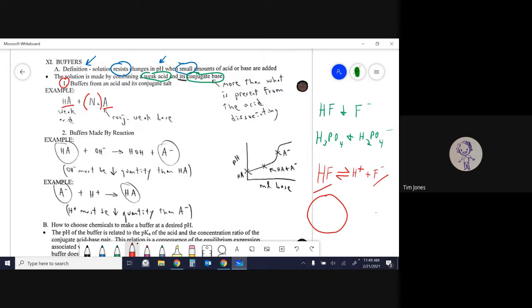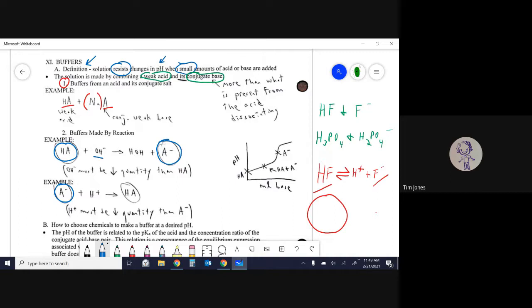The other way you can do it is you can start with one of these. So start with either just HA or just A minus and react some of it to its conjugate. So in the case of HA, we could add some hydroxide and we will get some A minus. And it's this combo of HA and A minus that is the buffer.